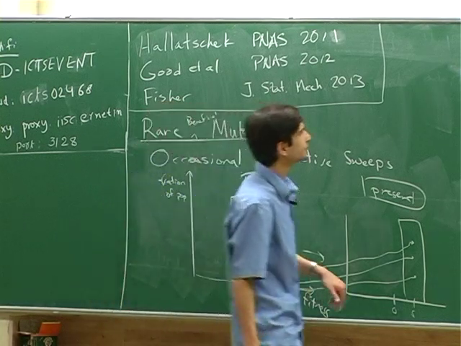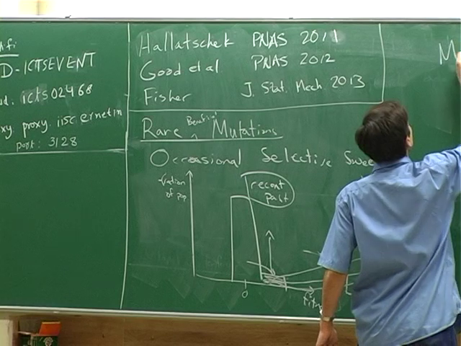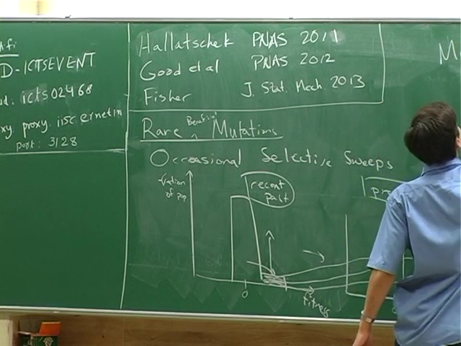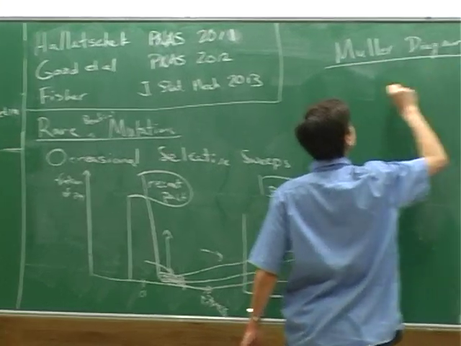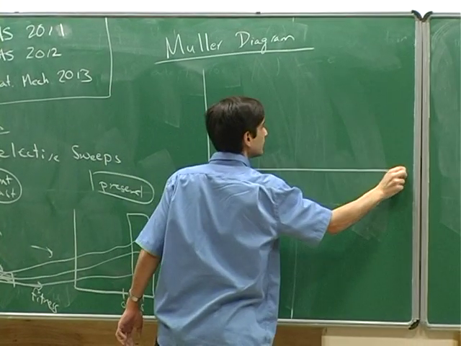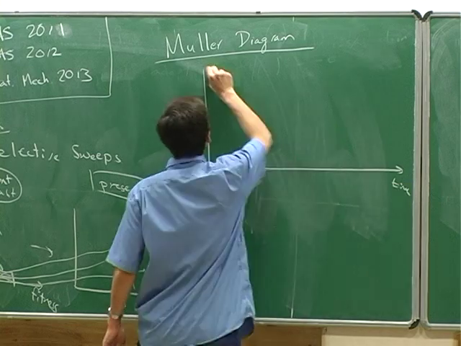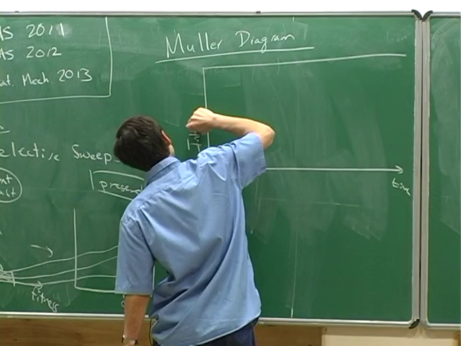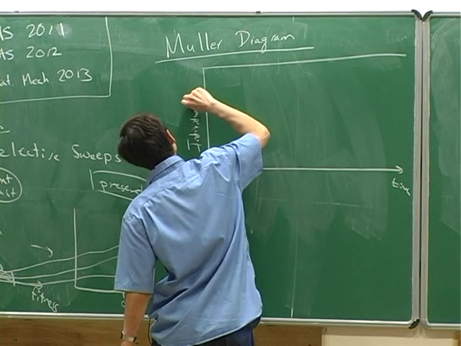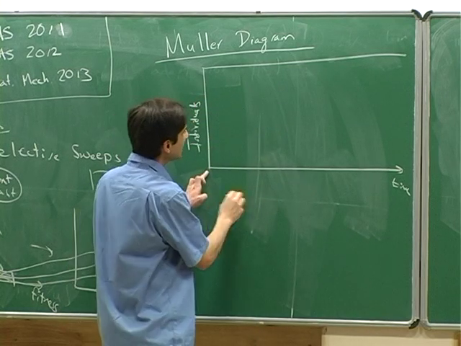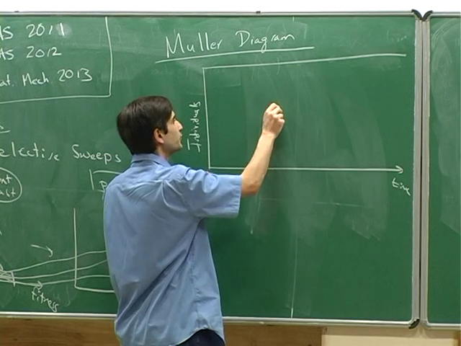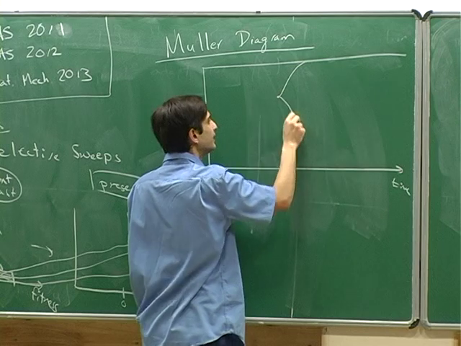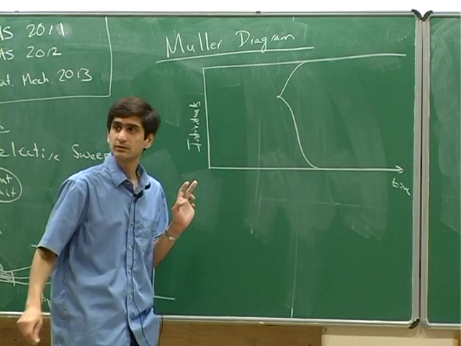Okay? So looking at this on a Muller diagram, if I look at time this way, and I imagine lining up the individuals in the population on this axis, some time goes by, everyone is genetically homogeneous, then some beneficial mutation occurs, and quickly it spreads through the population, right?